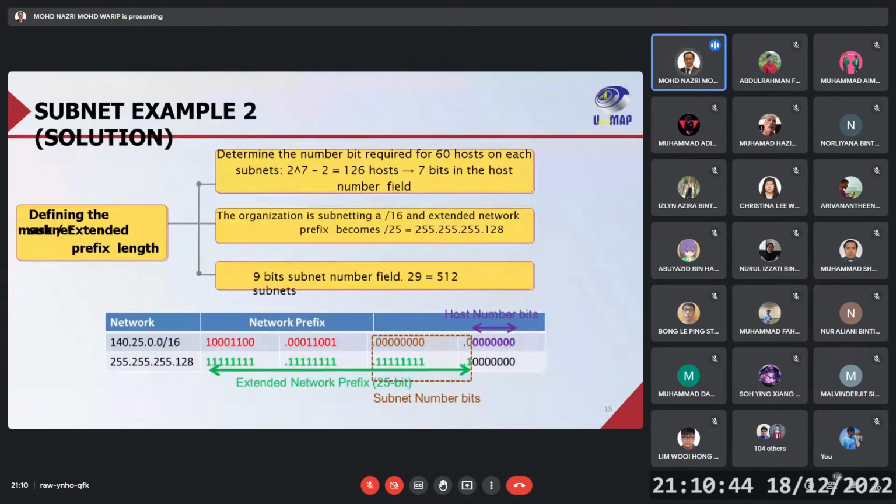Okay. 2 power 8? 256. Right. Remember, 2 power 7 is 128 minus 2. Minus 2 is because of the broadcast and default network. You get 126 hosts. And 7 is 7 bits.